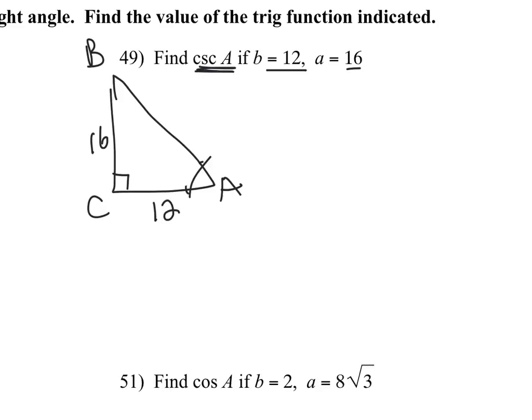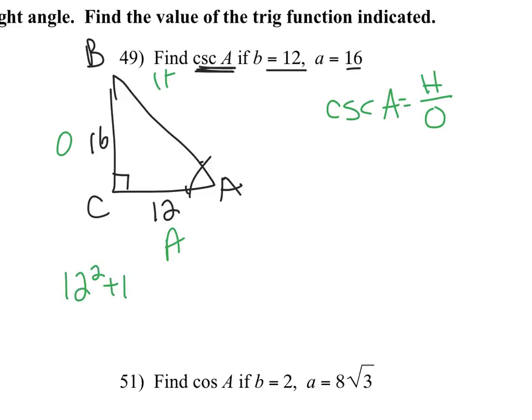So we have our opposite and we have our adjacent, but we don't have the hypotenuse, and cosecant is hypotenuse over opposite. So I do need the hypotenuse, so I need to figure it out. So it's 12 squared plus 16 squared equals x squared.